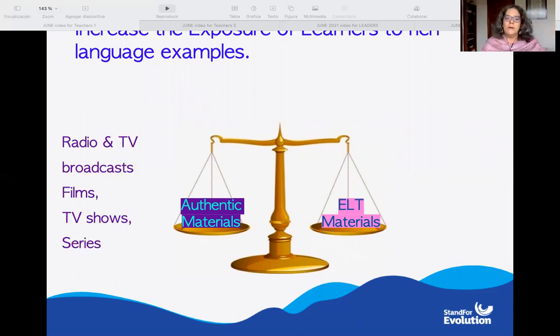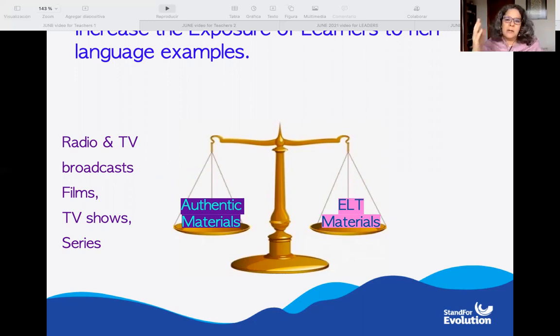So how can we offer authentic materials? Through listening to the radio, TV broadcasts, films, TV shows, series. Imagine lots of sources of real authentic materials and real speaking or conversations. Spontaneous conversations might happen through an interview, but they don't happen through a series or an acting performance.